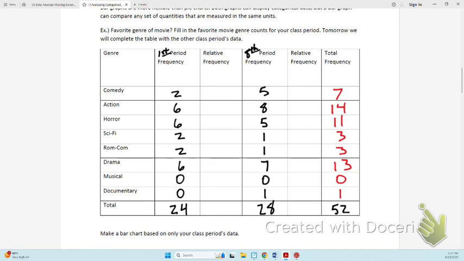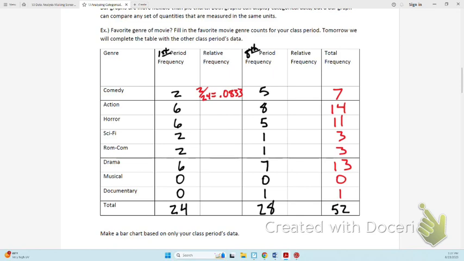I asked you to make a bar chart based on your class period's data. So depending on which class period you're in, I'm going to do relative frequencies for each class period. So for first period, I'm going to go 2 divided by 24 to get this first value of 0.0833.